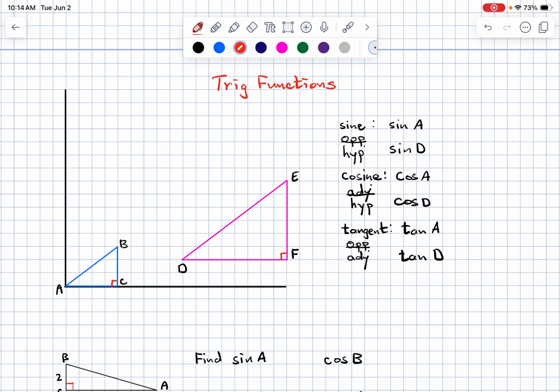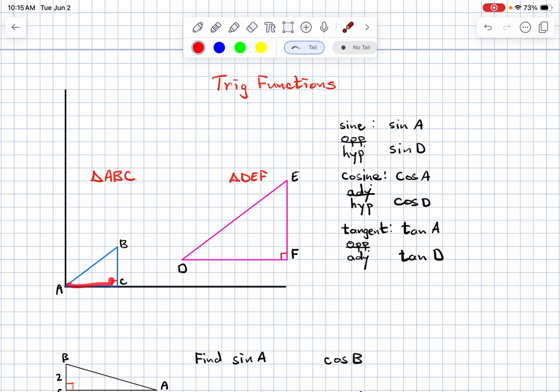So for example, we have a couple of triangles here. I have a triangle I'm naming ABC, and a triangle over here that I'm naming D, E, F. On this triangle I've got 1, 2, 3, 4, 1, 2, 3, and on this triangle over here I've got 1, 2, 3, 4, 5, 6, 7, 8.